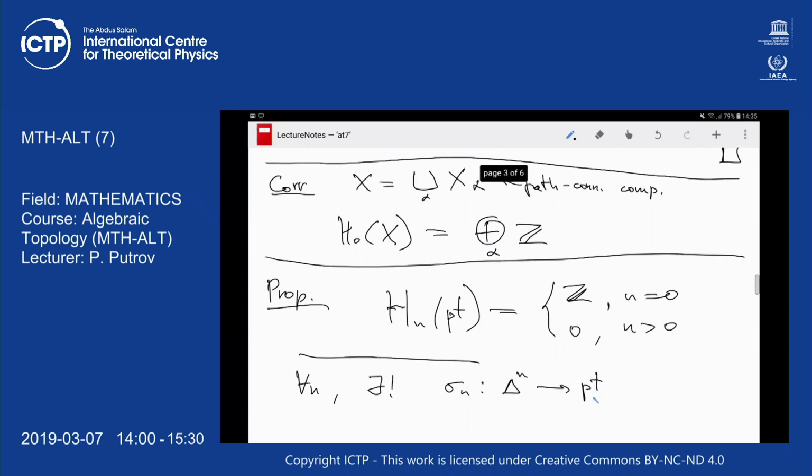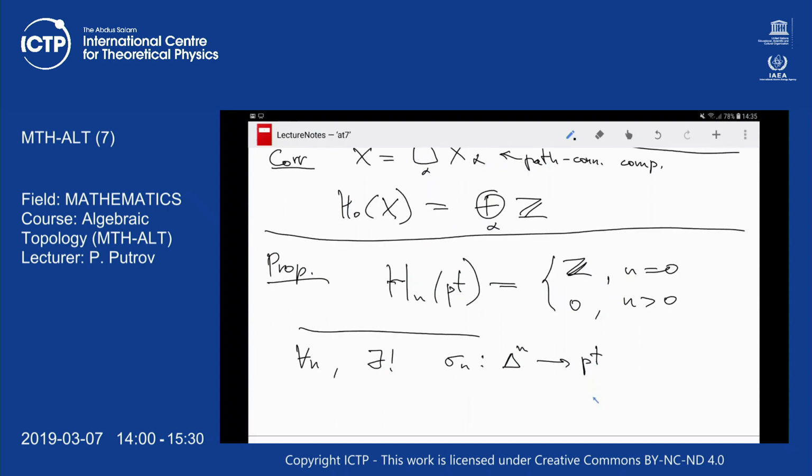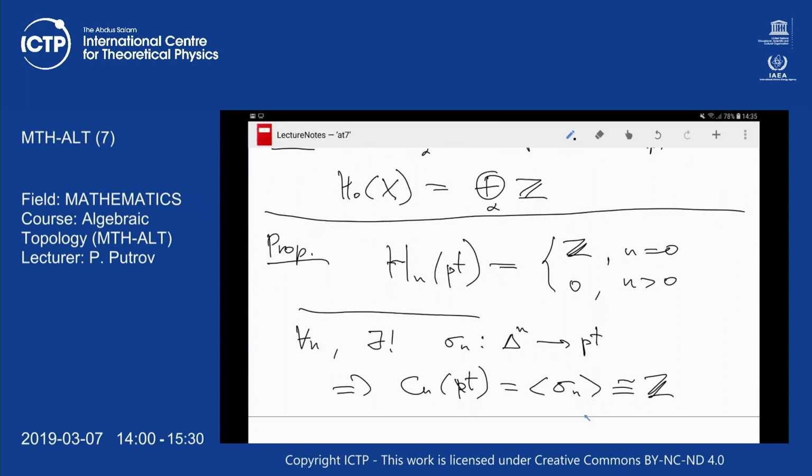Everything maps to the same point. So in particular, it follows that Cn of a point in this case is generated by just a single map, so it's isomorphic to Z. There's a single generator.